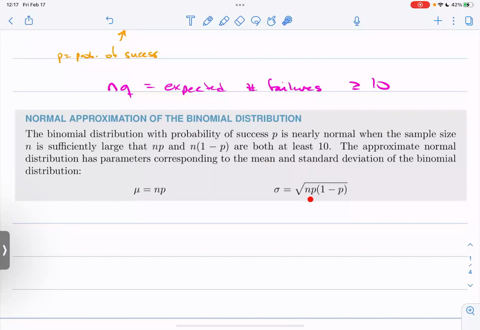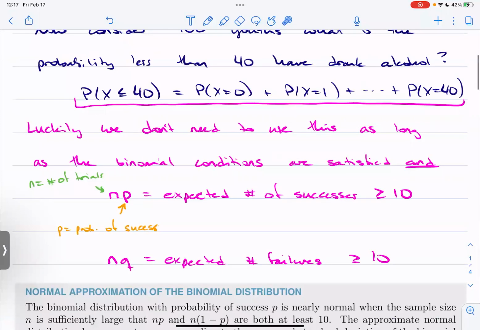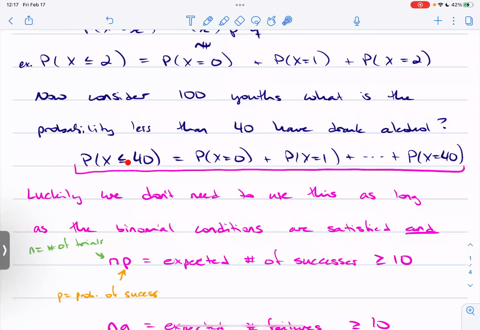The standard deviation is going to be the square root of npq. Okay. And that's on your formula sheet. And so if you stumble upon something like this, where you're thinking, I don't really feel like doing all these calculations, that's crazy, then you can check to make sure that you have at least 10 successes and at least 10 failures, which means what?